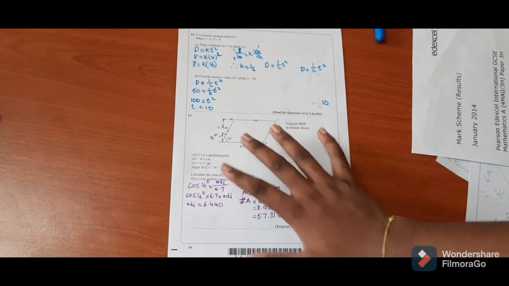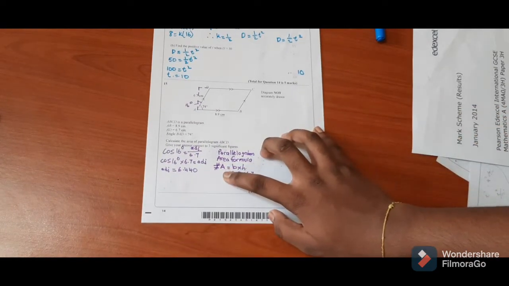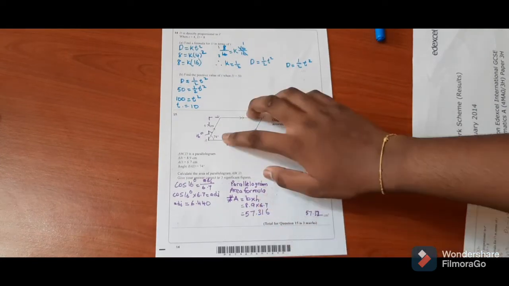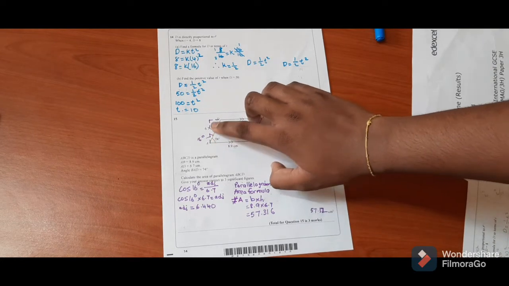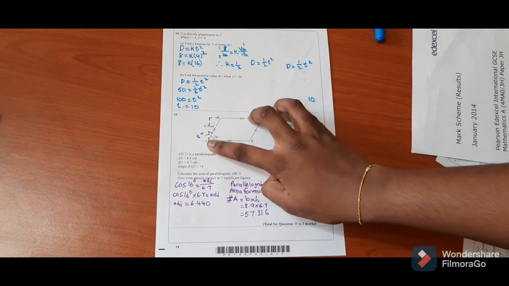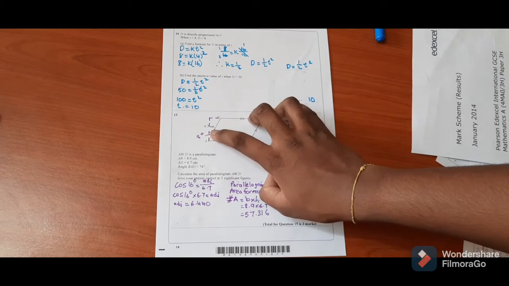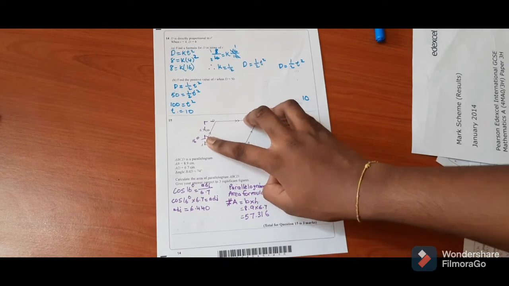Now, this is a bit tricky, but the area of a parallelogram is breadth times height. The only thing we don't know is the height. The breadth is 8.9. To find the height, just draw a line here to connect it. This is a triangle already, so this angle will be 90 degrees, right? You know this is 16, and the remainder is 16.